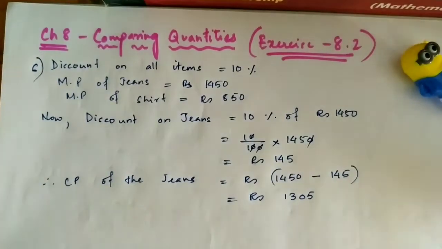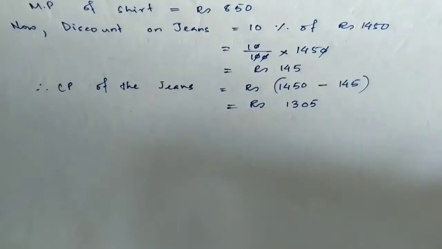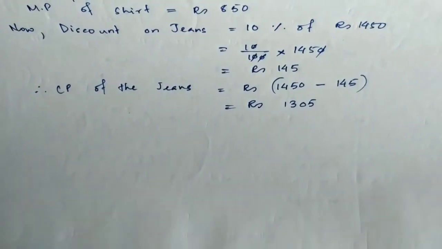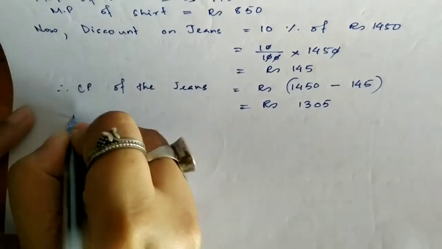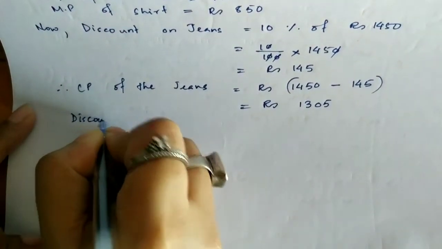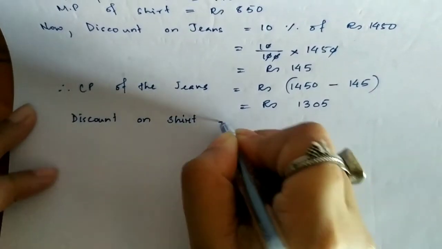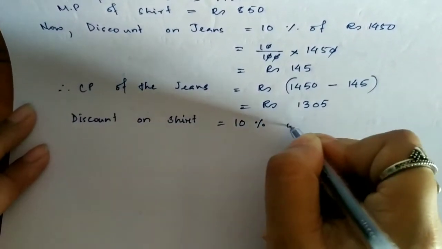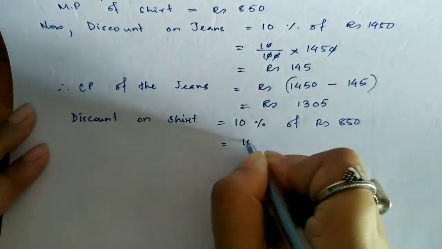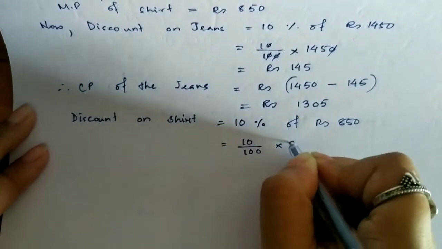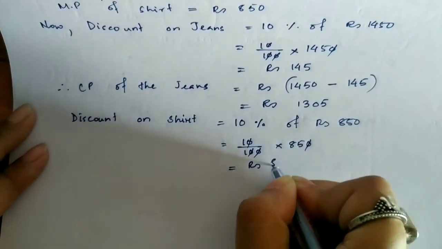So the same process I will apply for finding out the cost price of the shirt. Let's do that now. Discount on shirt will also be equal to 10% of the marked price, that is rupees 850. 10% of 850 is rupees 85.